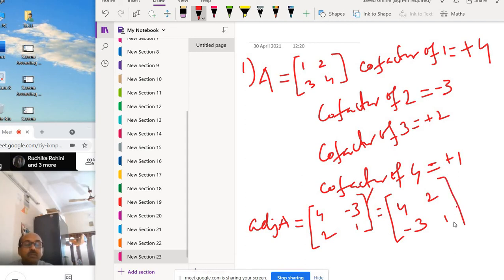Matrix. Okay, so 4, 2, minus 3, 1, this is the adjoint of the given matrix and this is the answer.